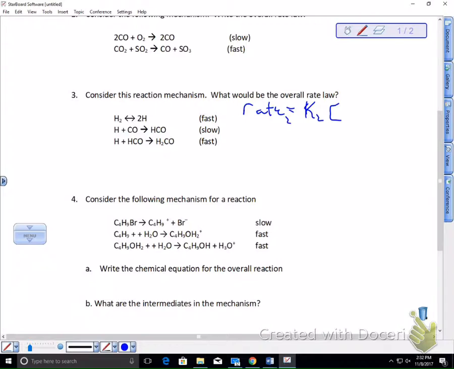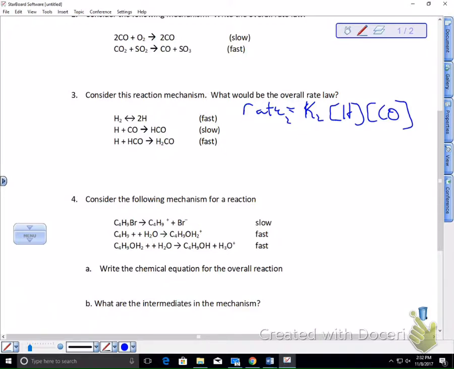And it will depend on H and CO. This is a bimolecular reaction. A collision has to happen with two things. They're first order in each. So for molecularity, when you write the rate laws for elementary steps, the coefficients do become the exponents.